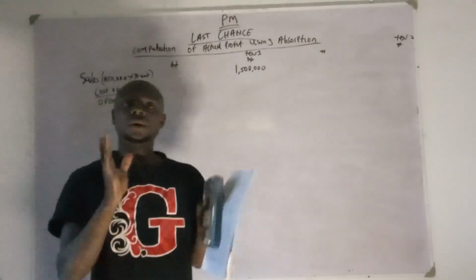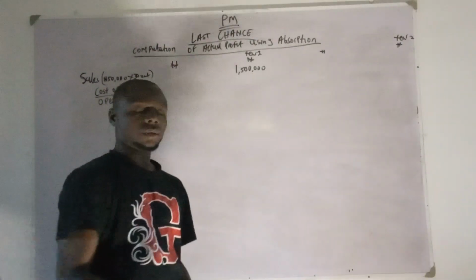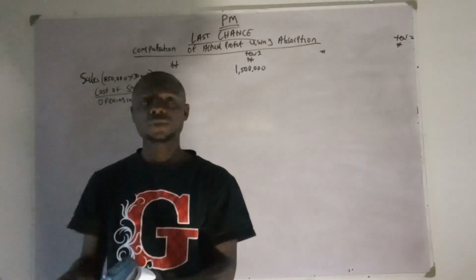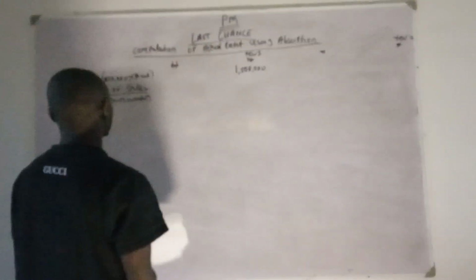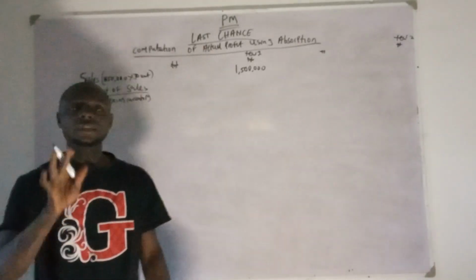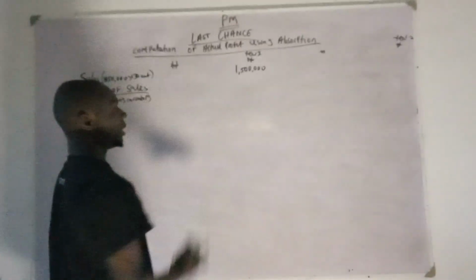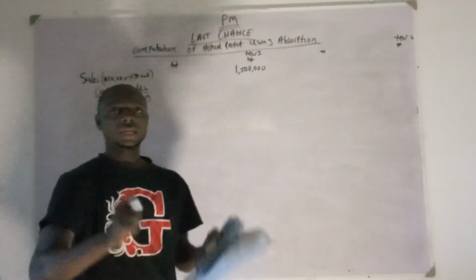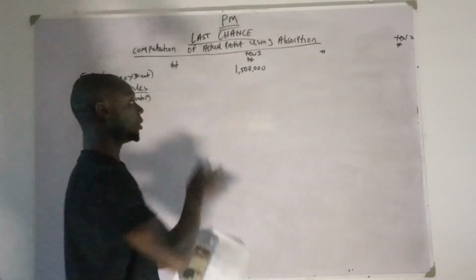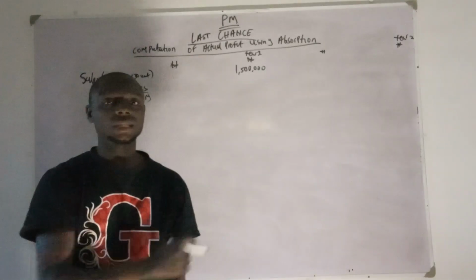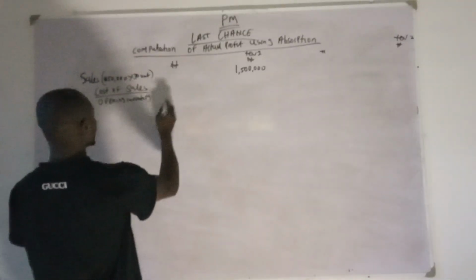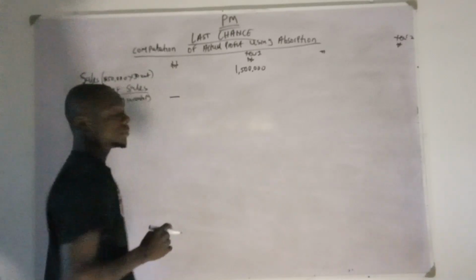The full cost is the combination of both your fixed cost as well as your variable costs. Now, there was no inventory at the beginning of year one. I actually taught us the determination of opening and closing inventory, so we'll still repeat that in this question. Now, that is not given, right?